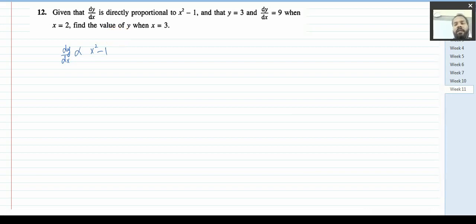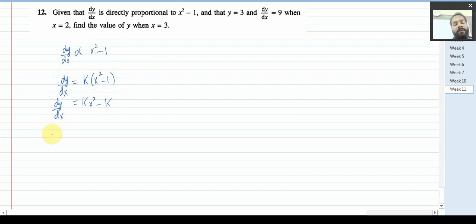So firstly I will solve this equation. dy over dx equals k times x squared minus 1. The same steps we have done in the previous question of direct proportion. I will start the integration.